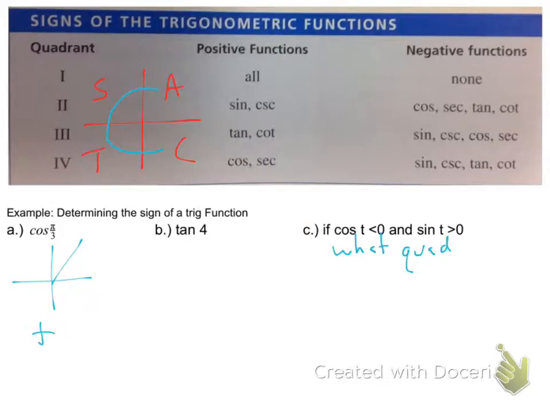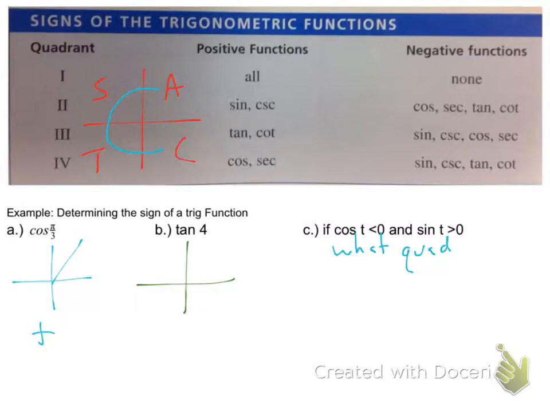What about tangent of 4? What quadrant am I in? Wait, what? Oh, man. How far is 4? Is that 4 degrees? Here's the thing, guys. We haven't even talked about degrees for any of these things. We're talking about the number, right?